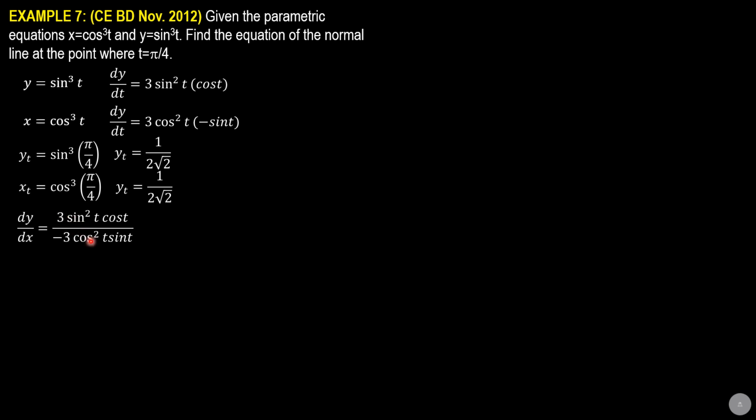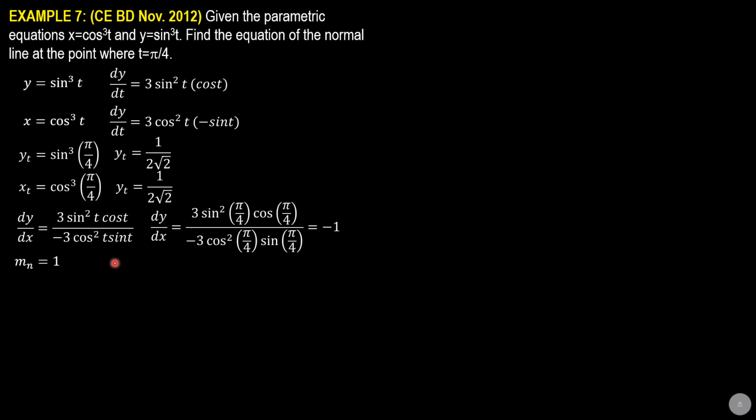So this gives us negative 1, even if you use the calculator, even if you do not cancel all this. So it's negative 1. Then the slope of the normal line would be the negative reciprocal of negative 1, so that is positive 1.